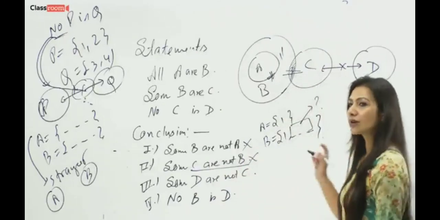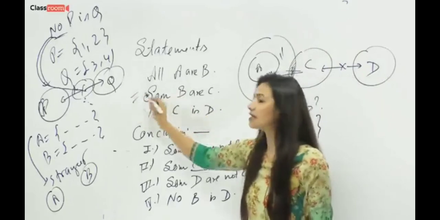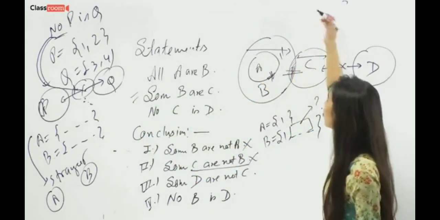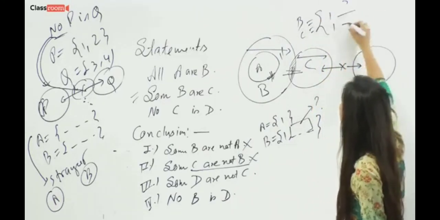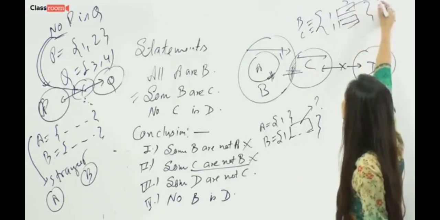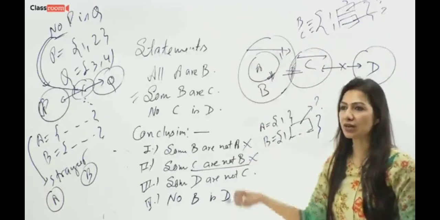Moreover, if you want a clear explanation, for B and C, you have just given a 50% information. What about the rest of area of this B and C is totally a question mark, as I gave you one example like this. In B and C, both 1 and 1 is common, but this rest of area of B and C is just a question mark. It can be filled with the same number, or maybe it is totally a different number.